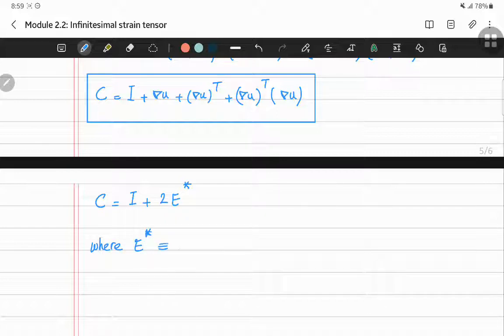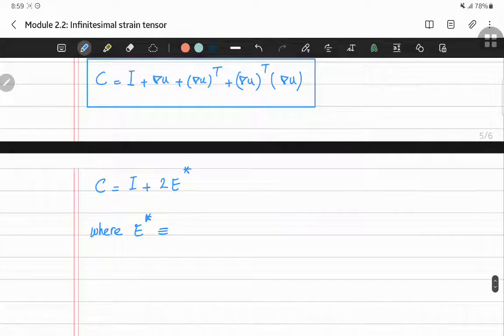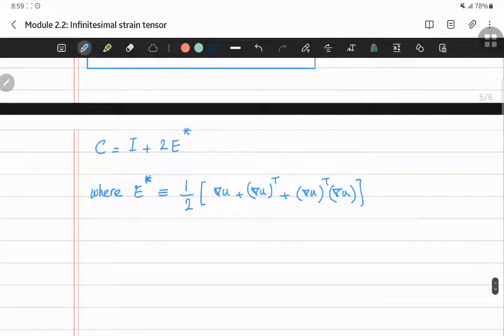The book says that E star is half of del U plus del U transpose plus the product of del U transpose del U. And this is called the Green-Lagrange, or as the book said, Lagrange strain tensor.